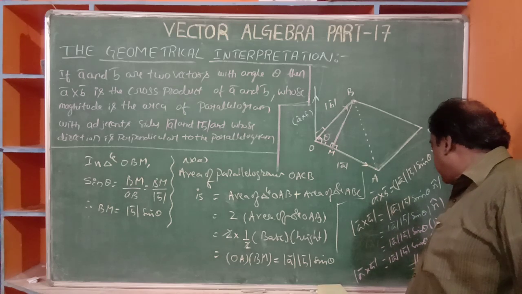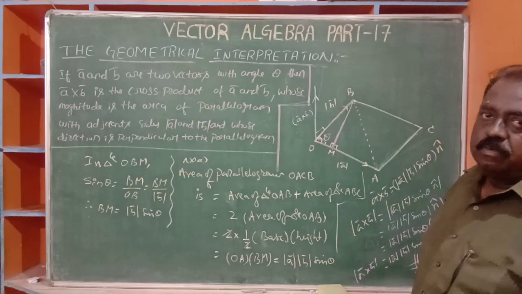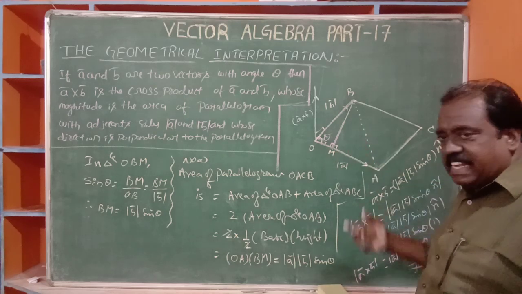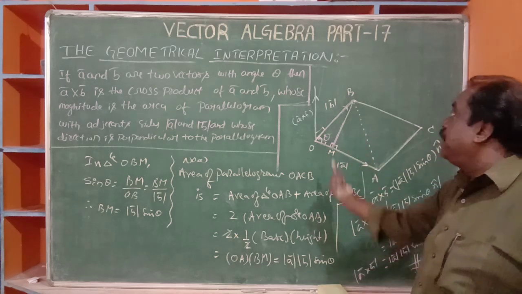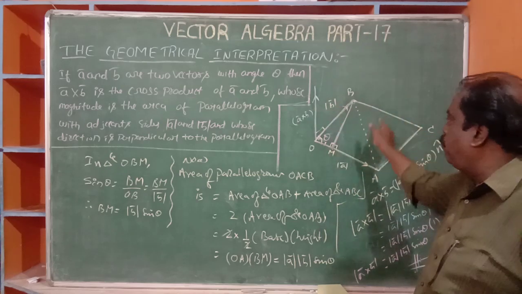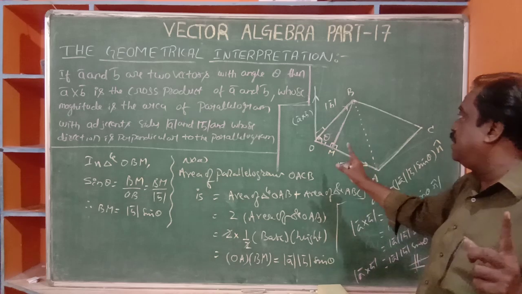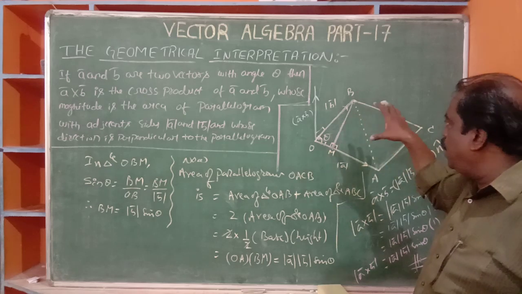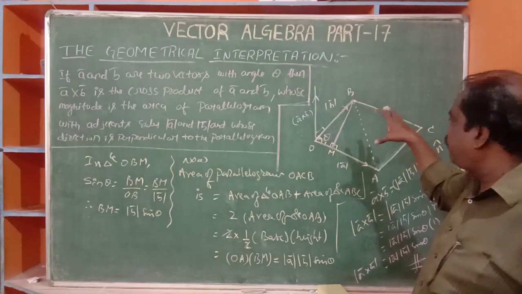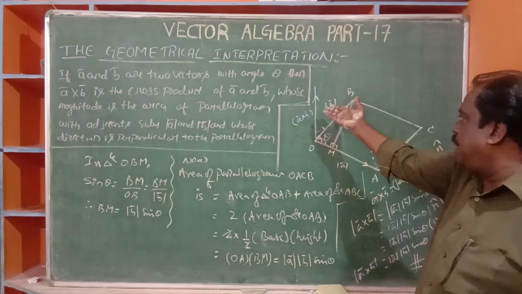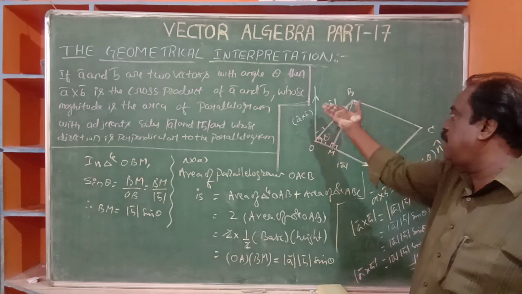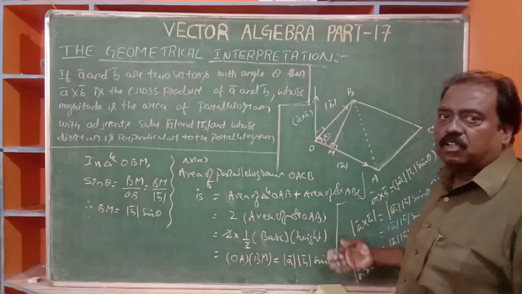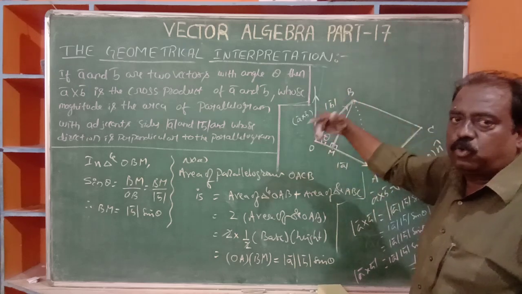Like that we can define the cross product. But one more thing is there: it has some direction. The direction is perpendicular to this plane. Its magnitude, suppose A bar cross B bar is 36 square units, with some direction perpendicular to A bar and B bar.